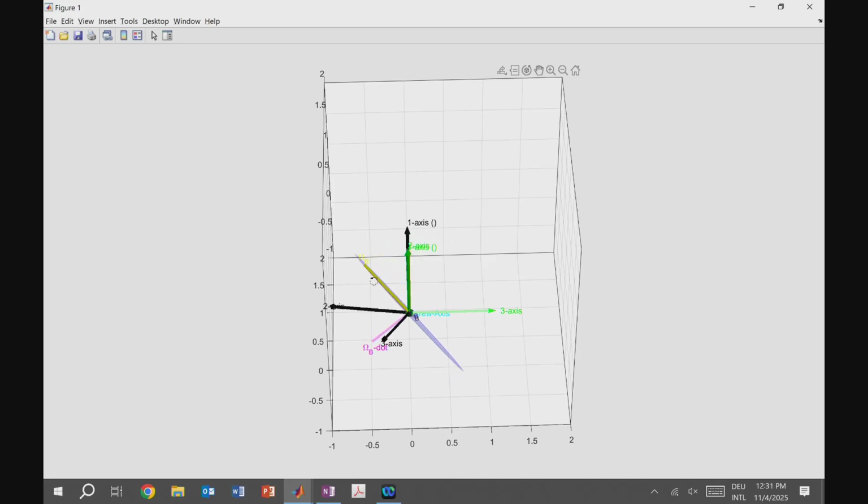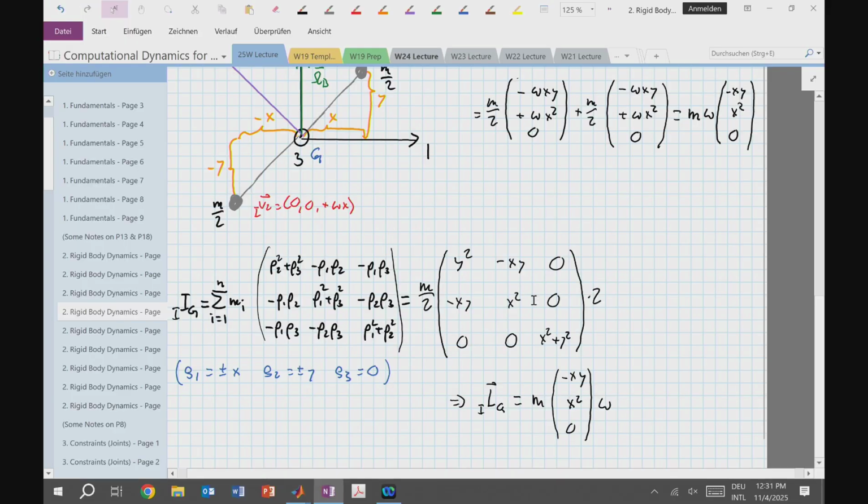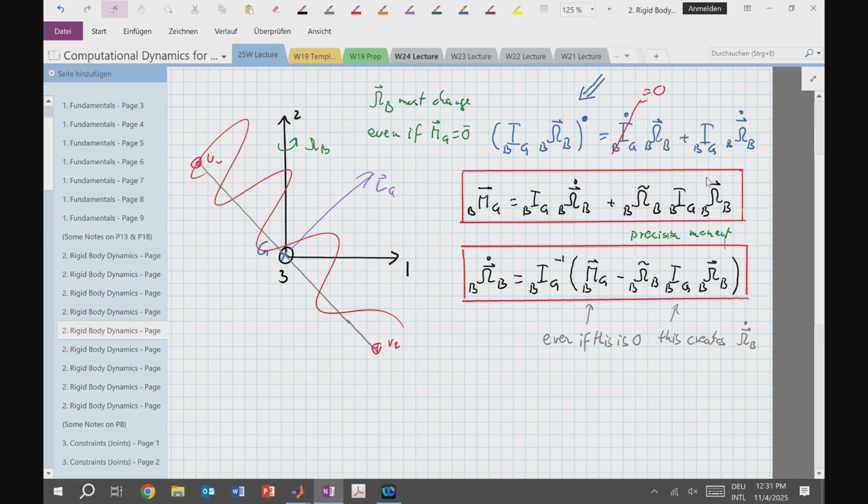If I look along the angular momentum, things look a little bit better because I see that the angular velocity vector is basically rotating about the angular momentum vector. And it's doing that because the angular acceleration vector is always perpendicular to angular momentum, which points right at us, and angular velocity, which is the green arrow. And the reason why that happens is because what we see back here is basically a cross product.